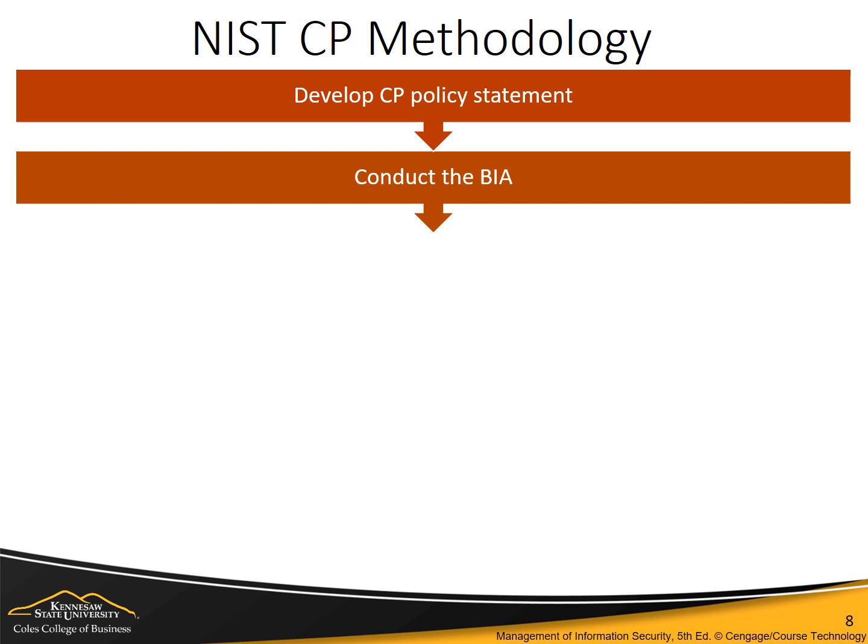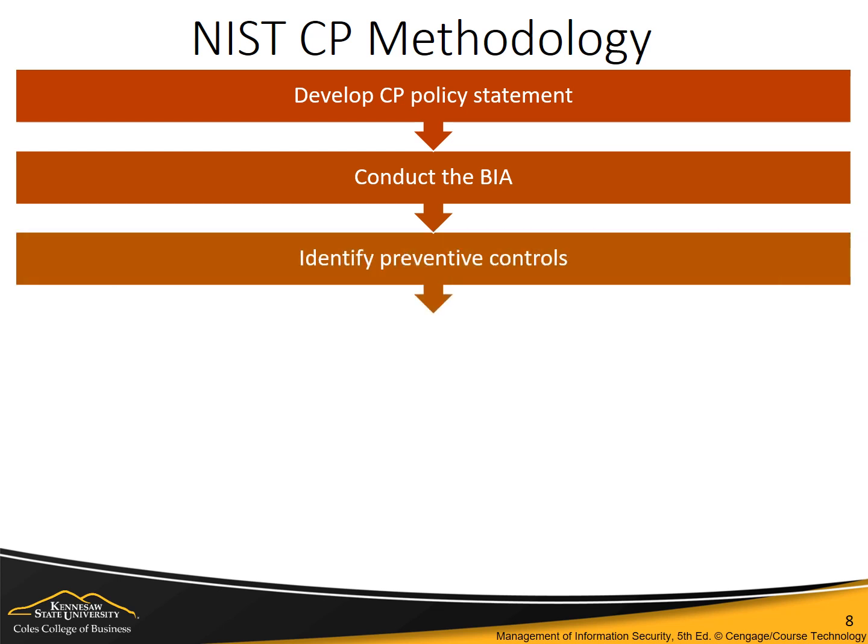Conduct the business impact analysis. The BIA helps identify and prioritize information systems and components critical to supporting the organization's mission and business processes. A template for creating the BIA is provided by NIST and provides a good starting point.